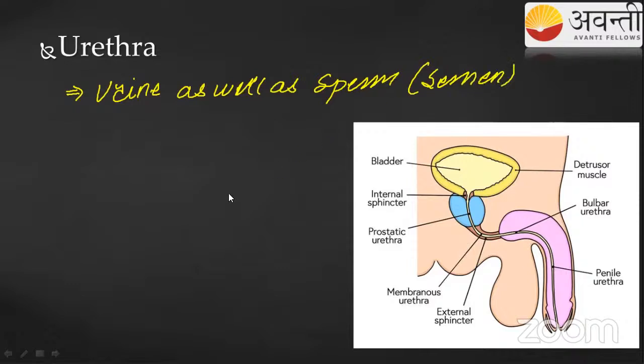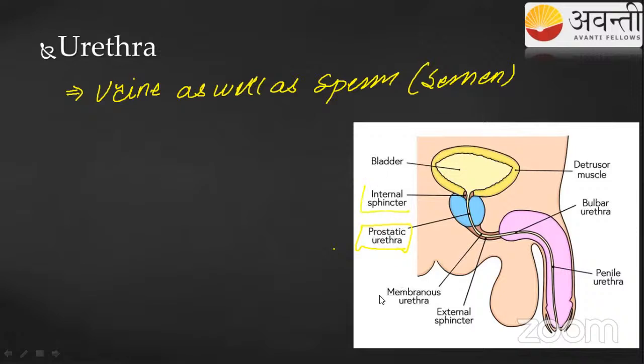Next, we discuss the different three parts of the urethra. We discussed three parts here: the penile urethra, the prostatic urethra, and the membranous urethra. You can see here the prostatic urethra.